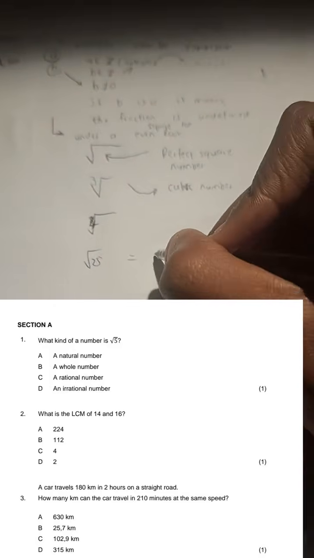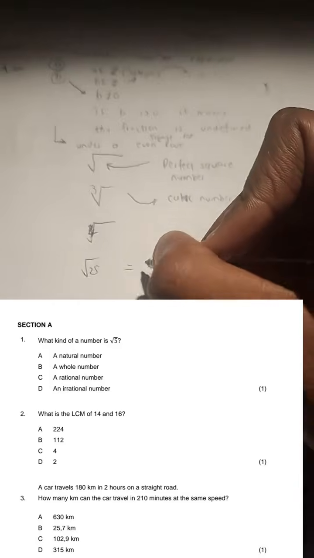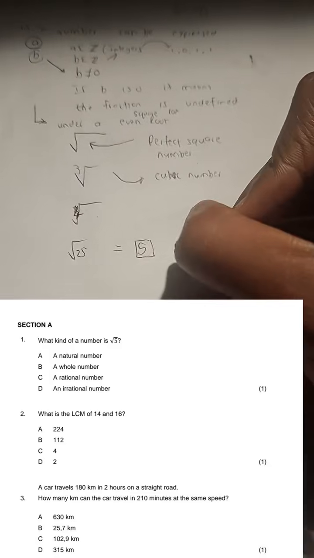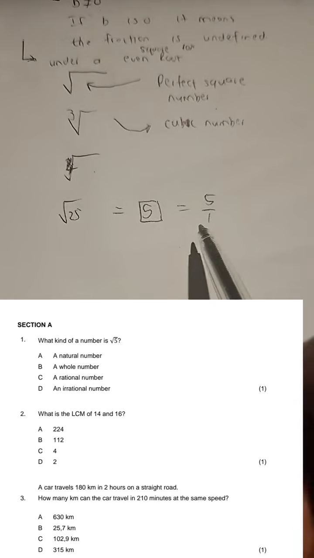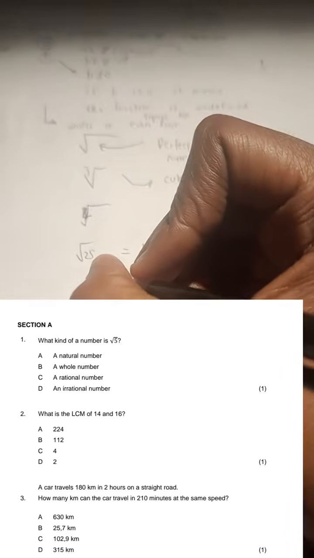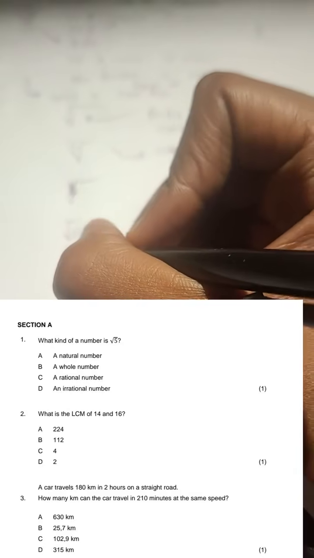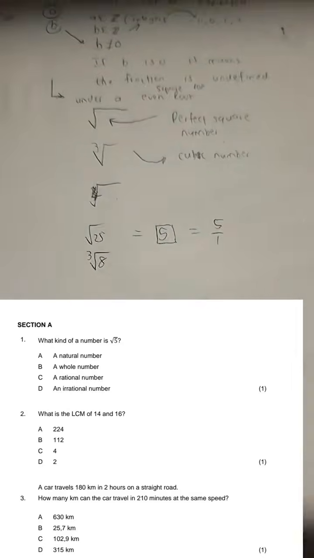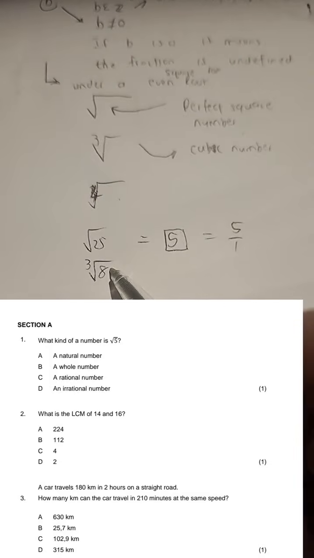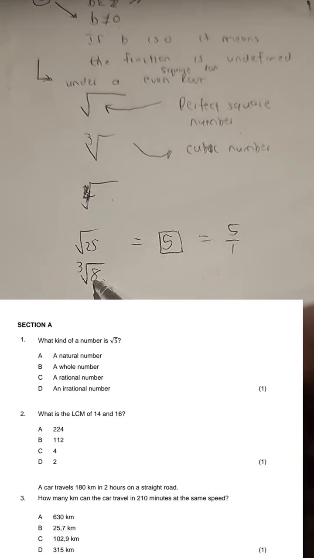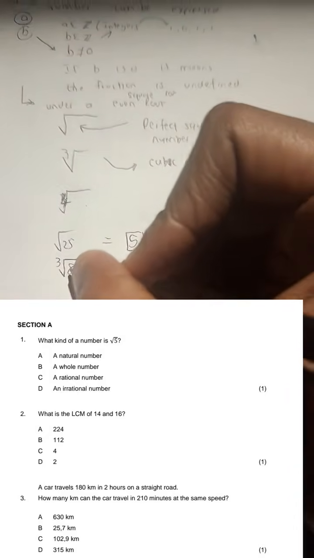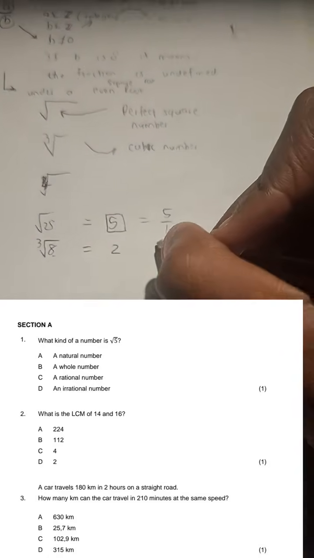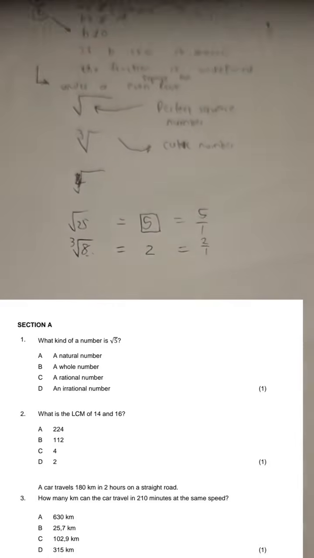So for example, guys, if it's a square root, square root of 25 will give us 5. That's why we can say 5, because 5 can be written as 5 over 1, is a rational number. Cube root of 8 is also going to be a rational number. Why? Because 8 under a cube root is a cubic number. The cube root of 8 gives us 2. 2 can be written as 2 over 1.